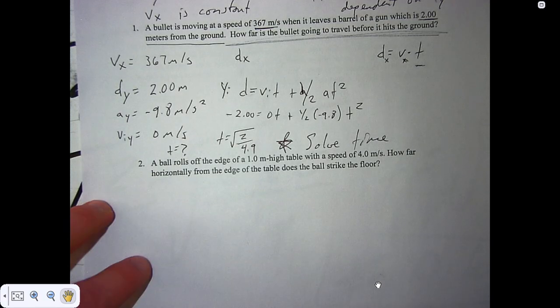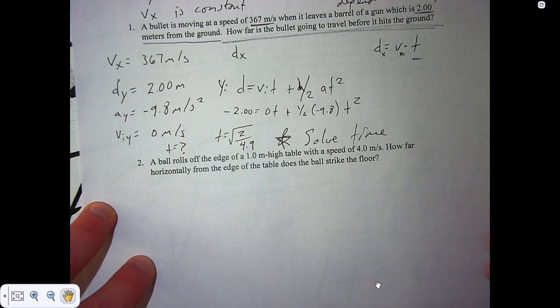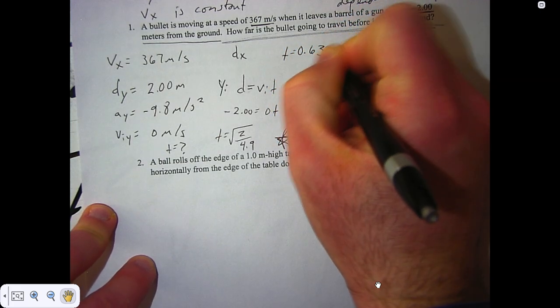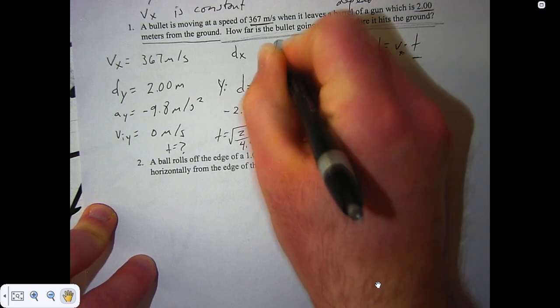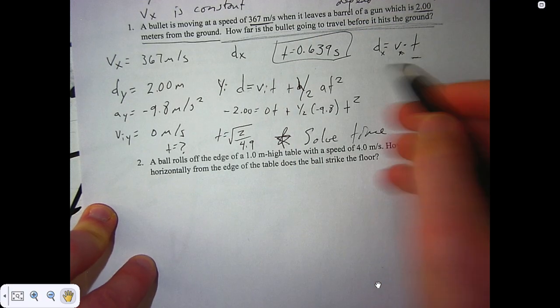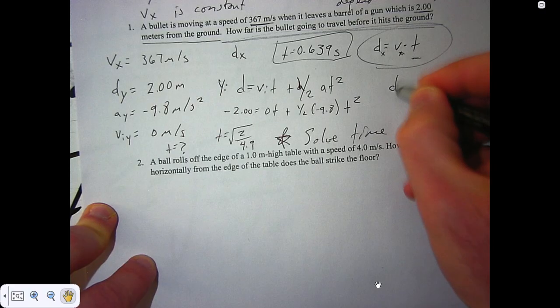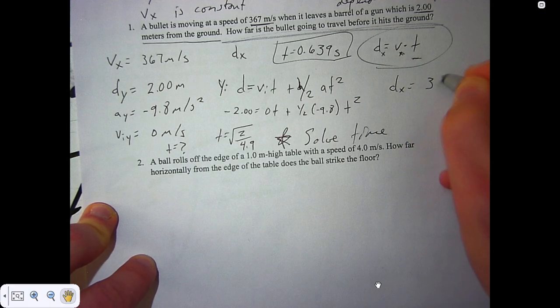So now that I have my time, 0.639 seconds, I'm now able to use this equation here. So now I'm going to start plugging things in. dx is going to equal 367 times 0.639 seconds.